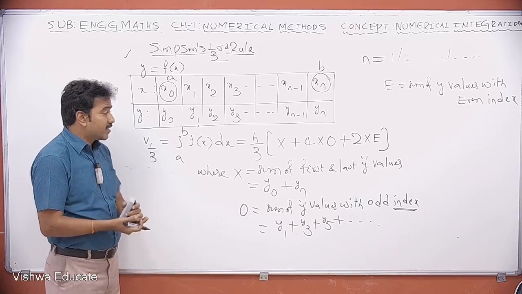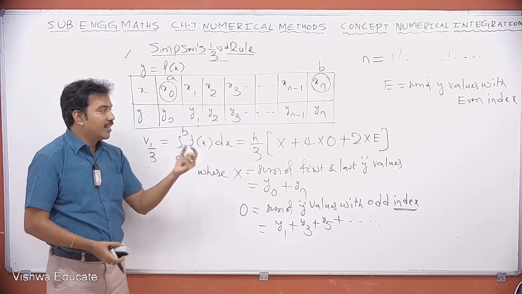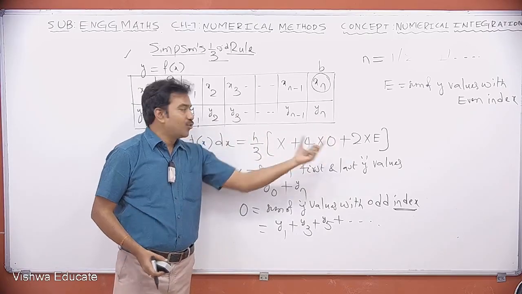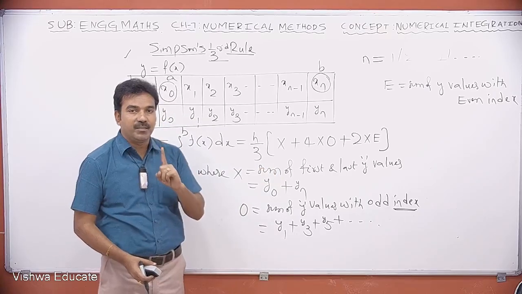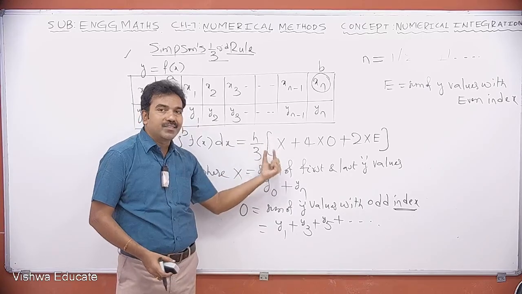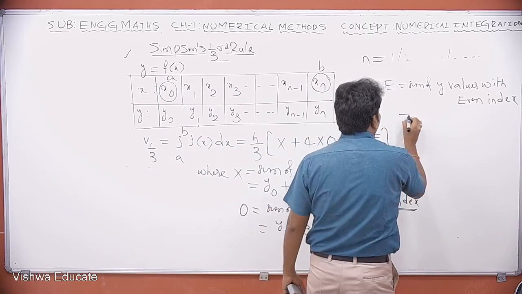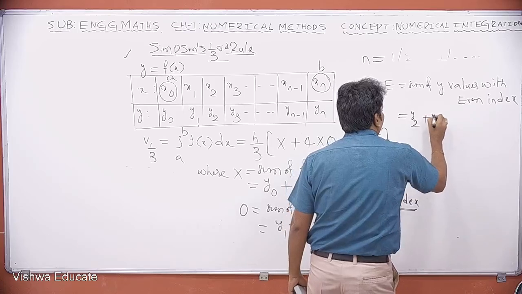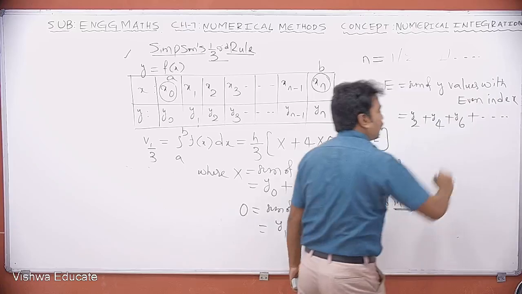When a quantity is covered in X, that should not be covered in O and E. If a quantity is covered in E, that should not be covered in any of the other parts. So at any time, one y value must contribute to either X or O or E. So the sum of y values with even index is y2 plus y4 plus y6 plus and so on.